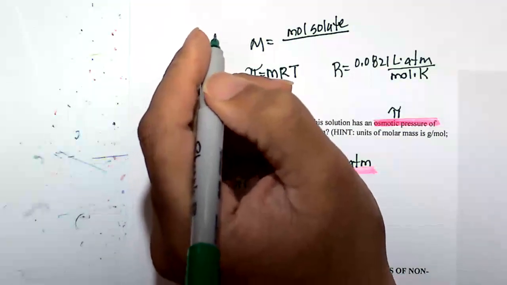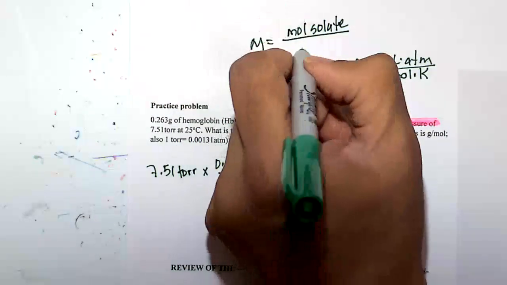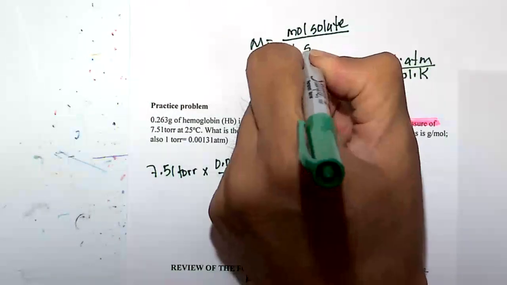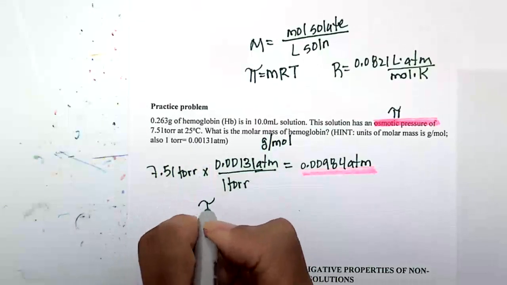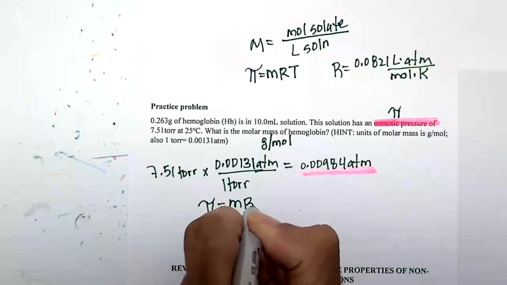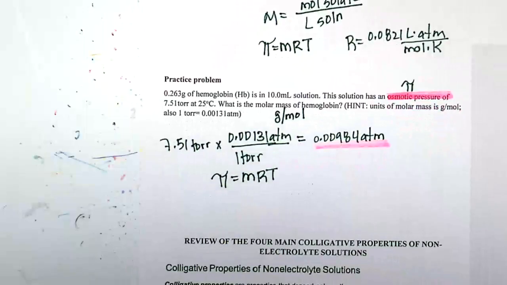That's molality, we're talking about molarity here. Moles of solute per liters of solution. Very good, Eric. So pi equals MRT. Know those units for the exam.